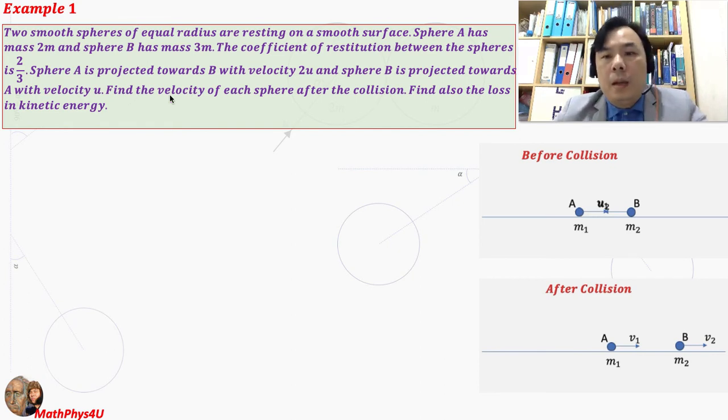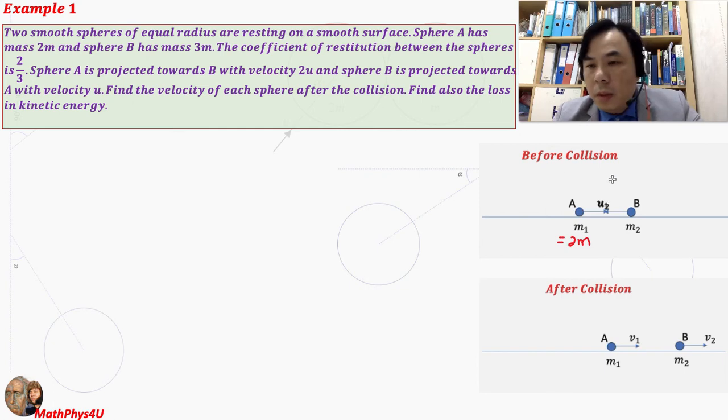Okay. Right, now we are going to apply both the conservation of momentum and restitution law in this case. So we're going to start off from the conservation of momentum. Conservation of momentum in this case would give us, we have here 2m, and then we have this part here as 3m.